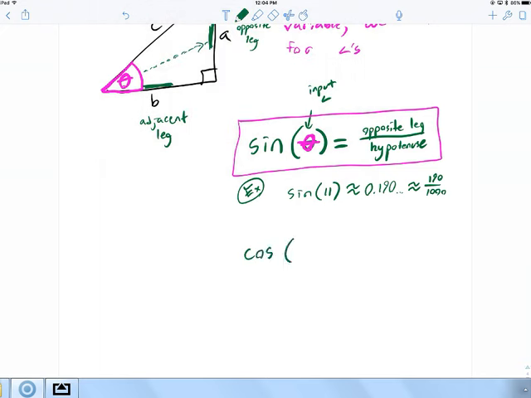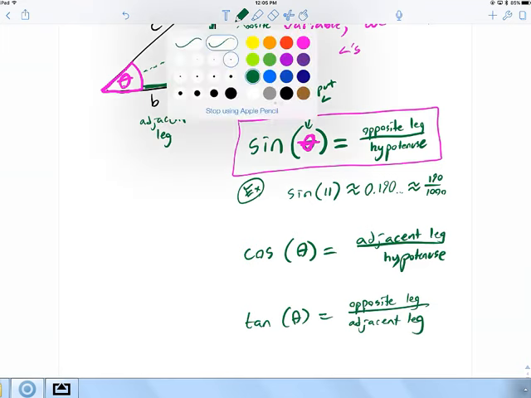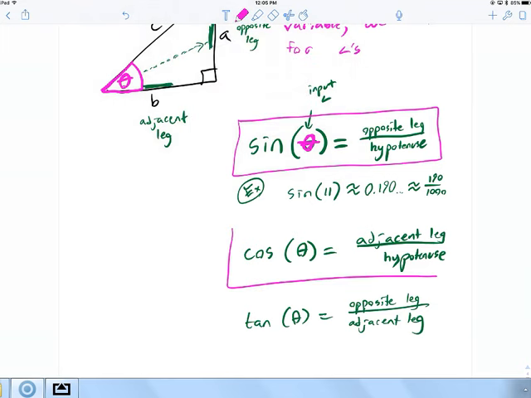The cosine of theta is equal to the adjacent leg over the hypotenuse, and then our tangent of theta is equal to the opposite leg over the adjacent leg. Those are the three main ones that we are talking about today.